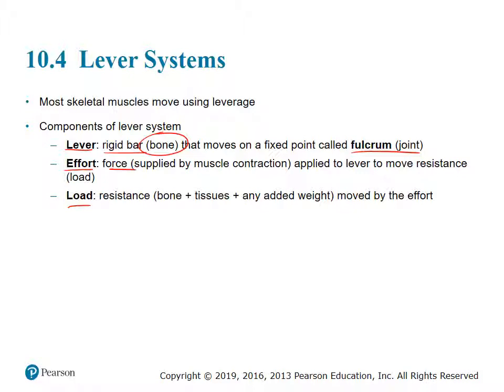The load is the resistance. Any weight or mass that we apply force to and move with the muscles is called the load. This can be the bone itself, tissue, or if we're adding a dumbbell to our hand and flexing our bicep, that can all be considered the load.